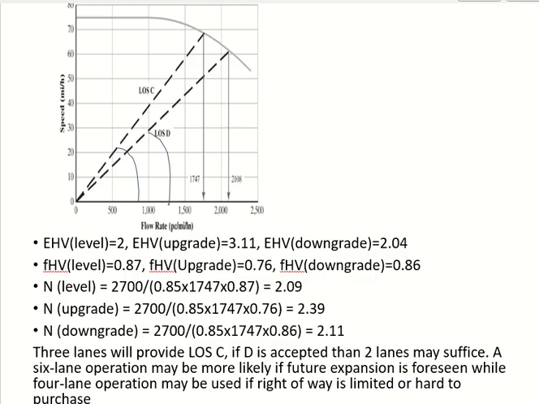So even if there is some error in my design volume or unexpected growth in traffic, I may still maintain C. According to the question data, you can round down and still maintain D, and they are saying that is also fine. But practically it may create problems when the highway is actually operating.